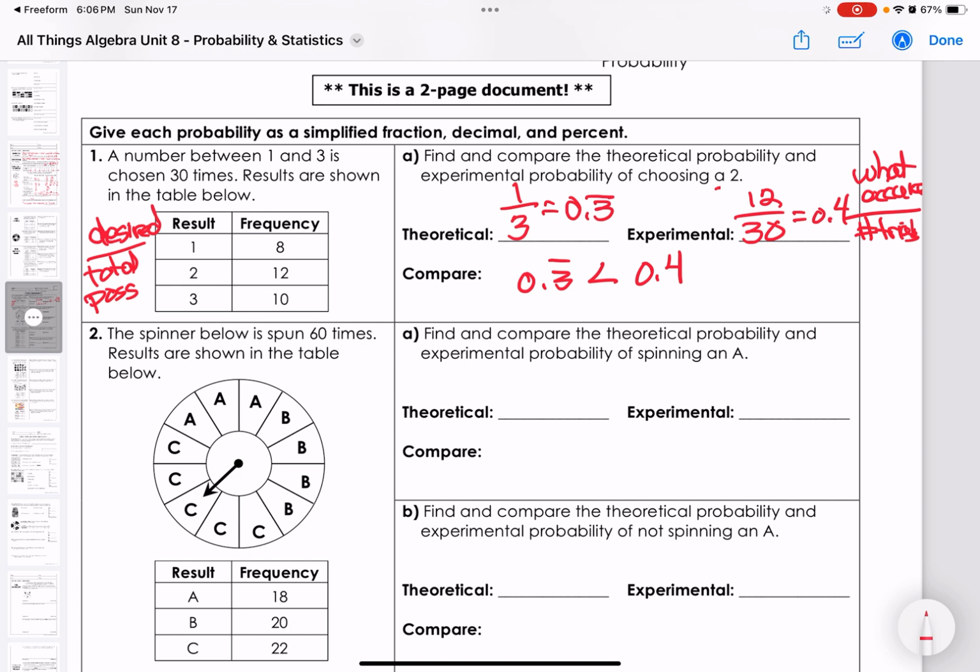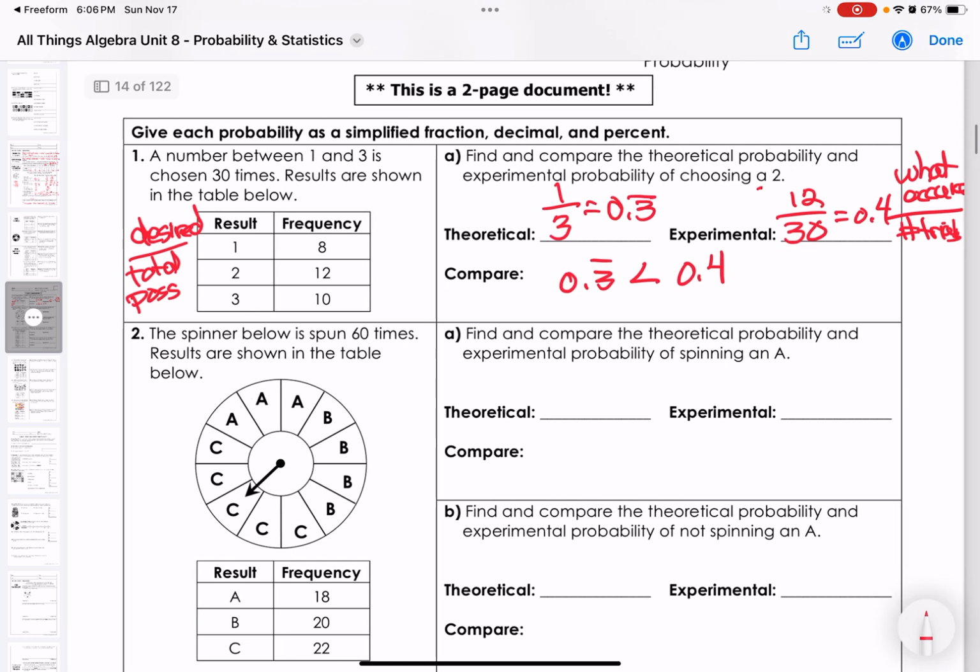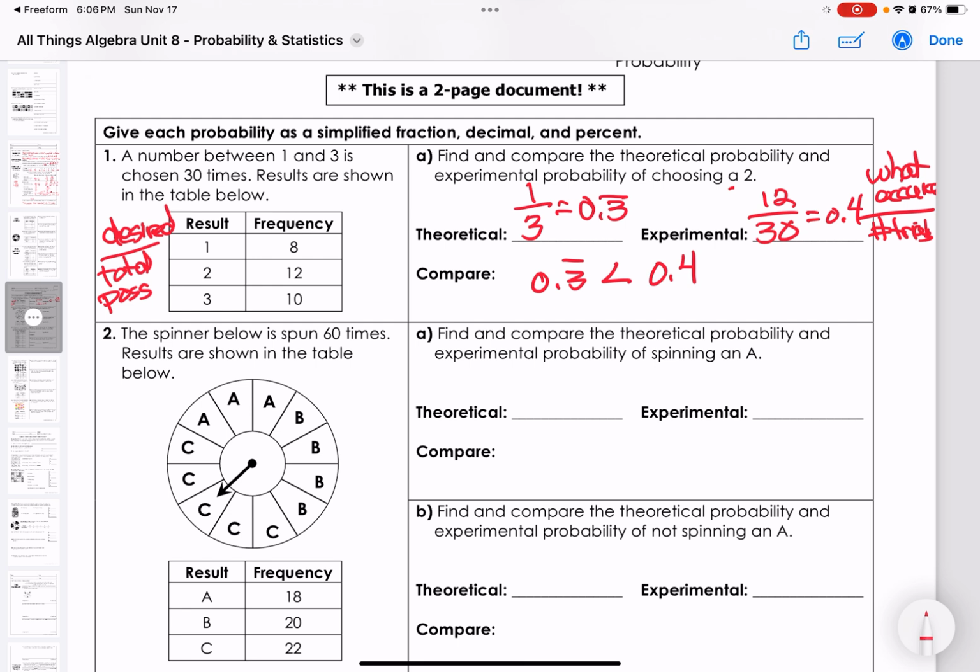Find and compare the theoretical probability and experimental probability of spinning an A. So let's see, I want an A, which is 1, 2, 3. So my desired outcome is 3 A's. So I got 3 chances to get an A out of 1, 2, 3, 4, 5, 6, 7, 8, 9, 10, 11, 12.